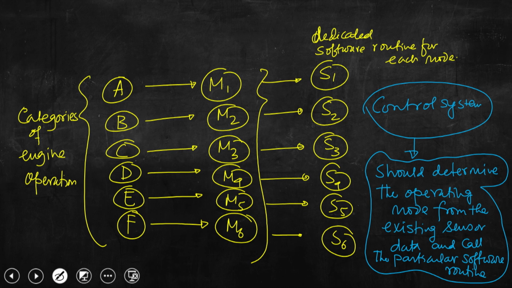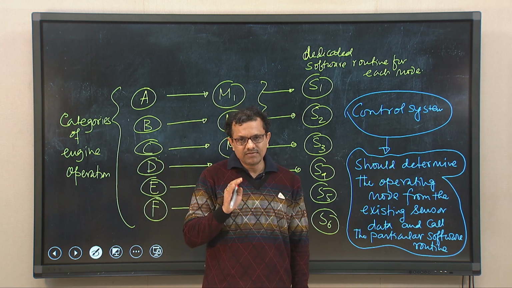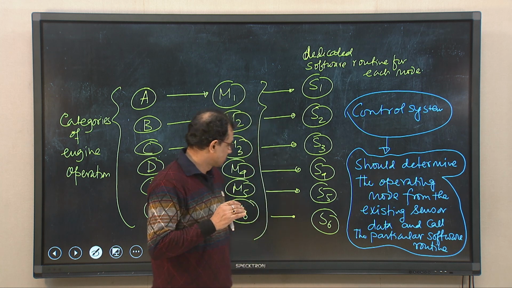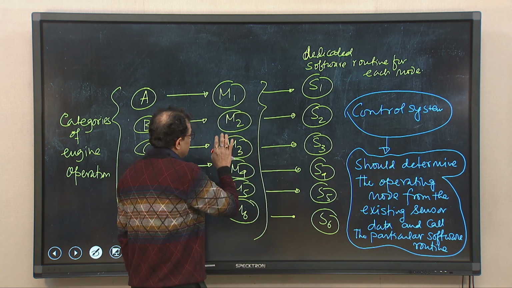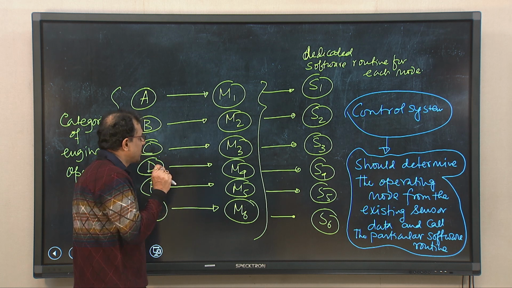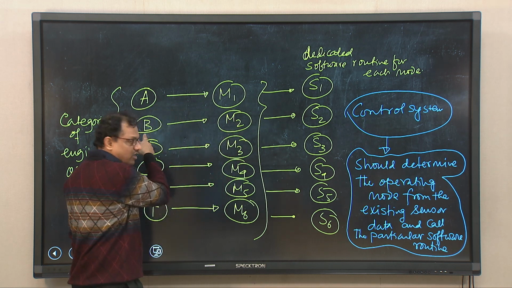the controller or control system will now receive data from the input sensors, and then the mode control logic, or MCL, will map a particular mode which corresponds to that particular operation.